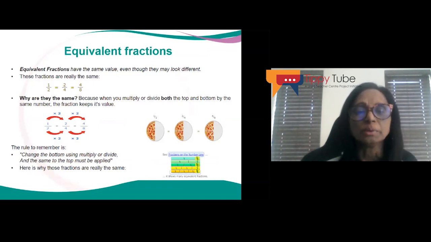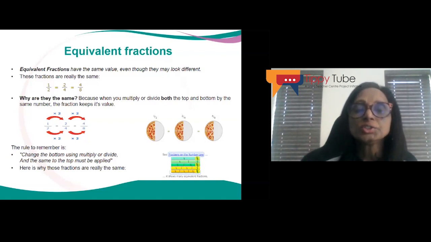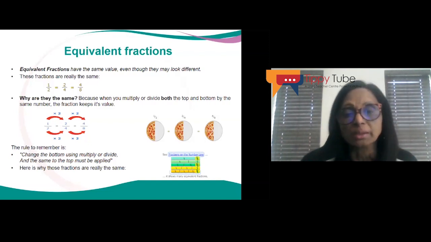For example, 1/2. If you multiply the numerator by 2 and the denominator by 2, you get 2/4. If you multiply the 2 of 2/4 by 2 and the 4 of 2/4 by 2, you get 4/8.